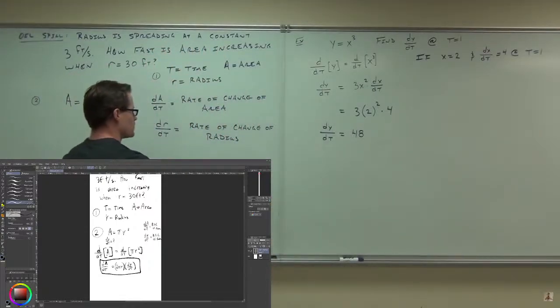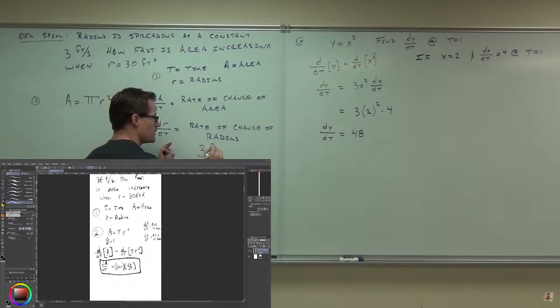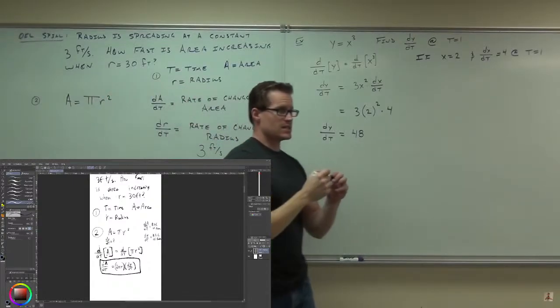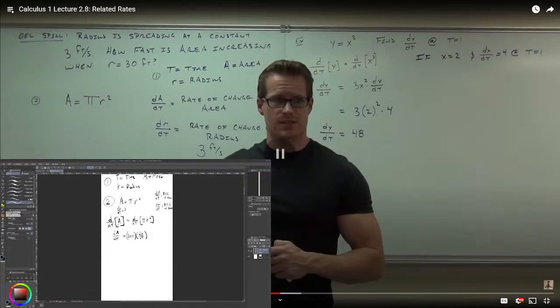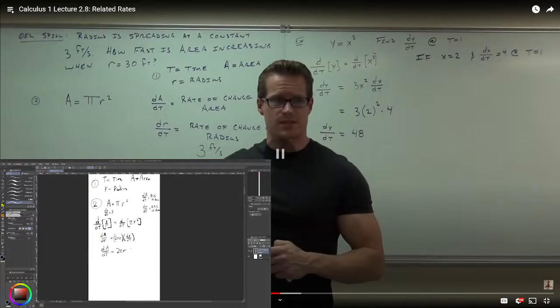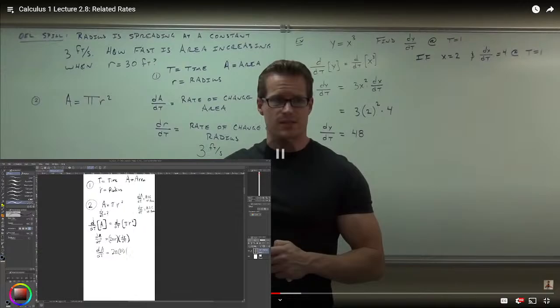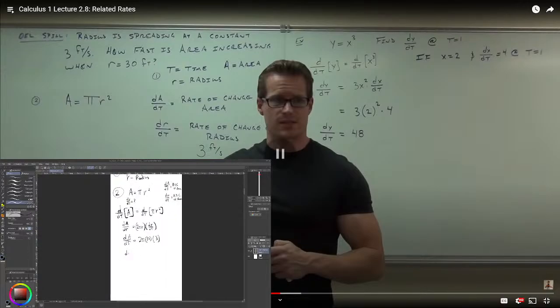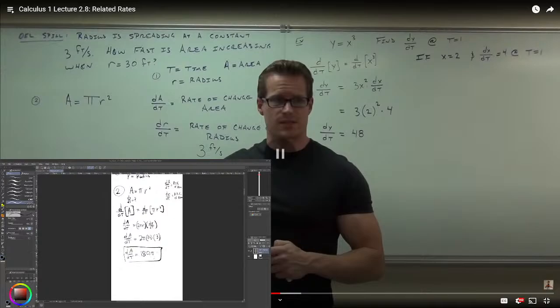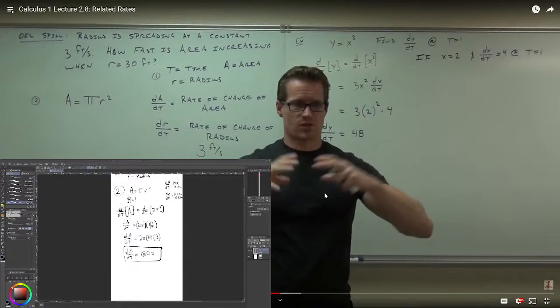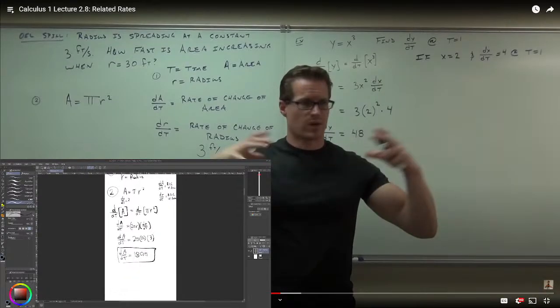So our radius here is changing at a rate of 3 feet per second. Do you understand how to get the dr/dt and identify that that's 3? And we also have the radius, which is 30. Hey, that's a rate of change. That's what we're talking about.